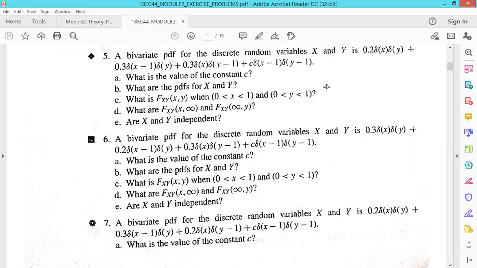Given this PDF, we are asked to calculate the same things we have done previously; the same thing we need to repeat here.